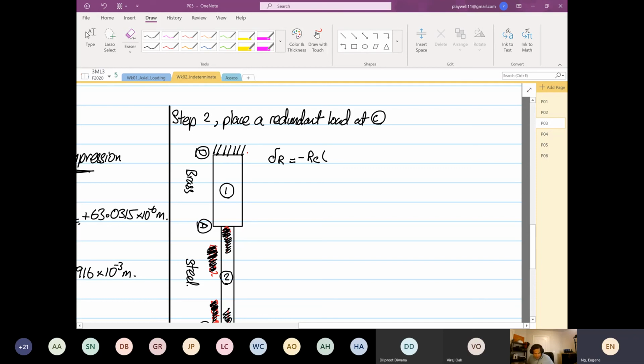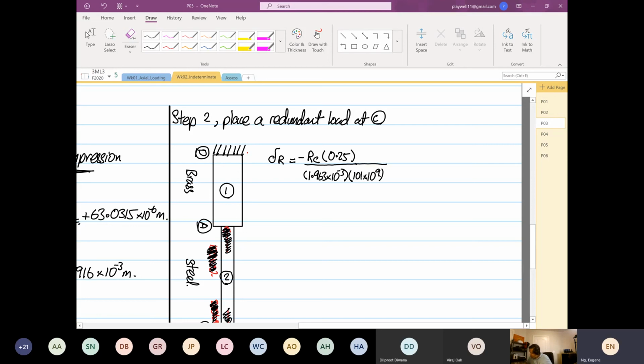The length over here is 0.25, divided by area. Our area is 1.963 times 10 to the power minus 3, divided by Young's modulus, which is 101 times 10 to the power 9.